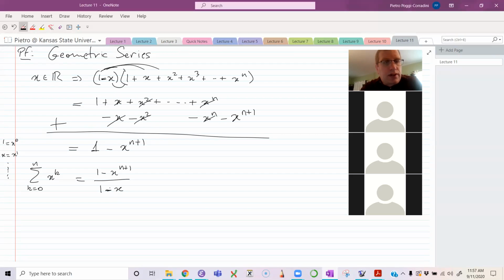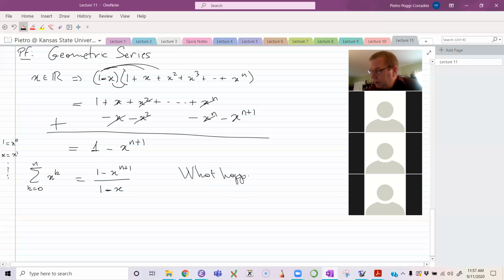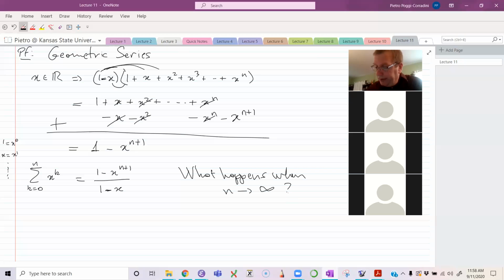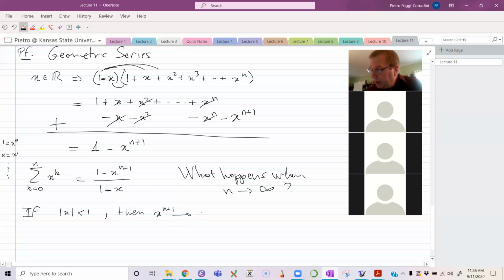But the question is, what happens if I let n go to infinity? Right? And so here is where you might introduce a condition, and you can say if the absolute value of x is strictly less than 1, well, then x to the n plus 1 goes to 0.